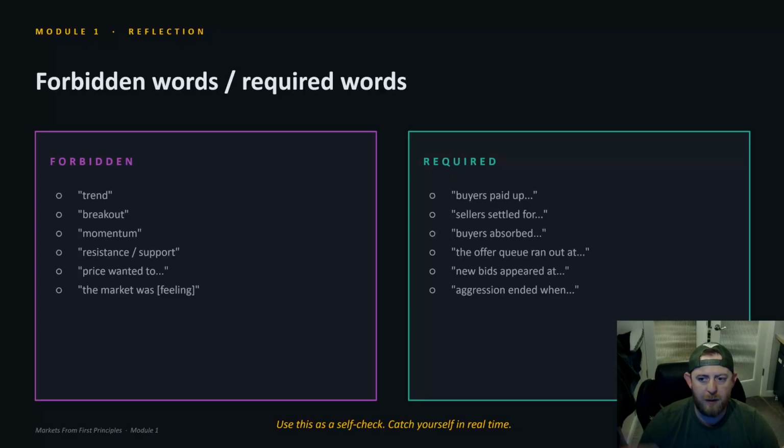There were no longer buyers or sellers aggressively trying to buy or sell right now. You have new entities entering the market with new bids at whatever price. Not that the market was feelings, vibes, whatever. No. Aggression ended when XYZ happened.